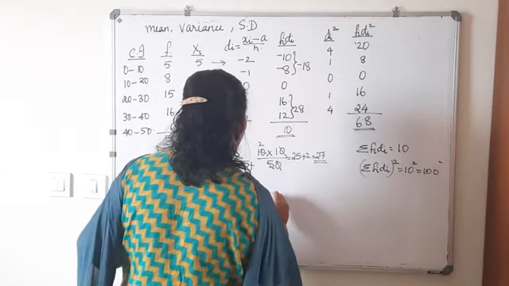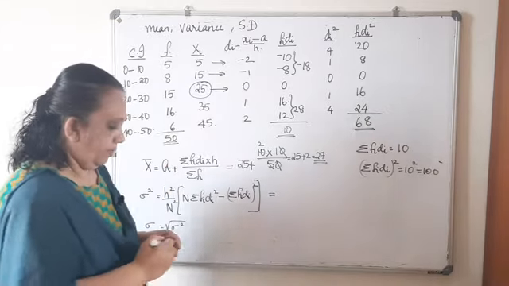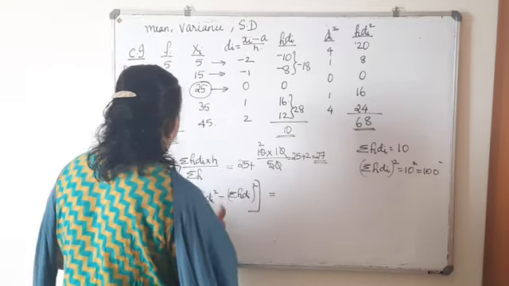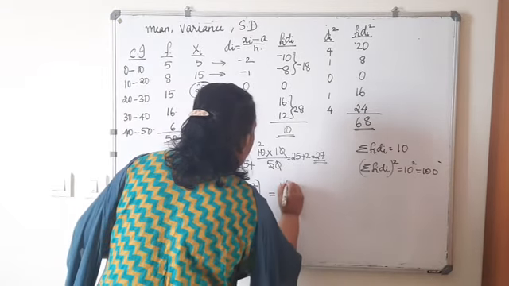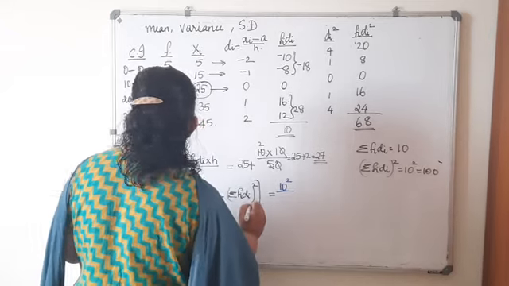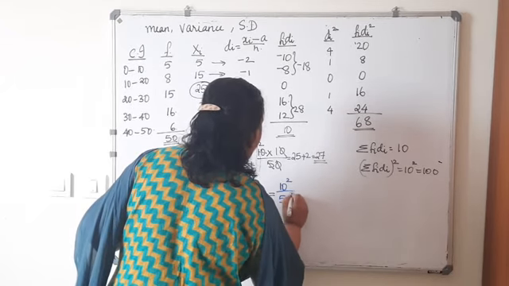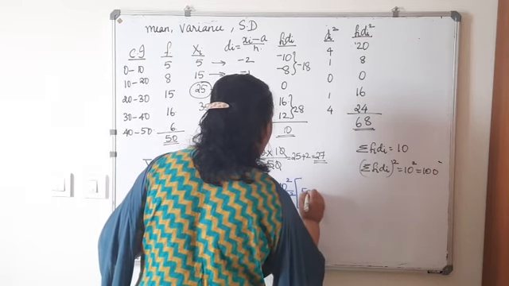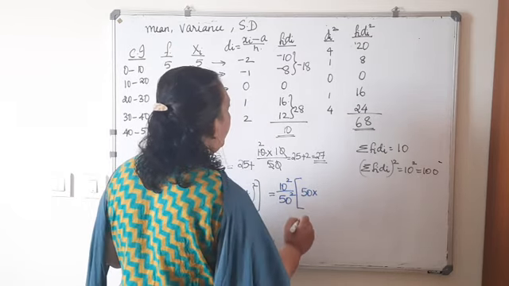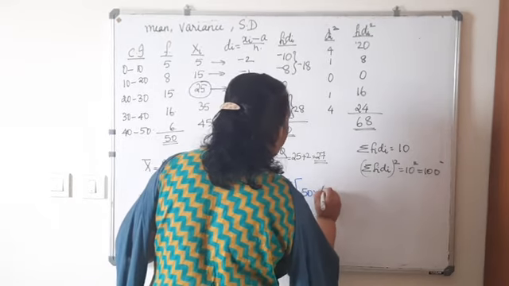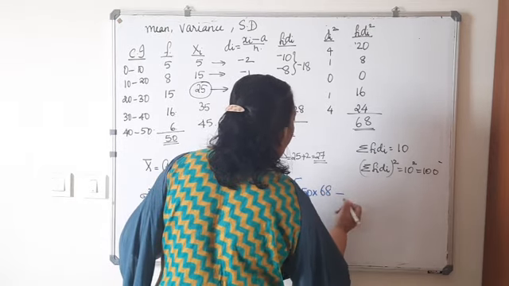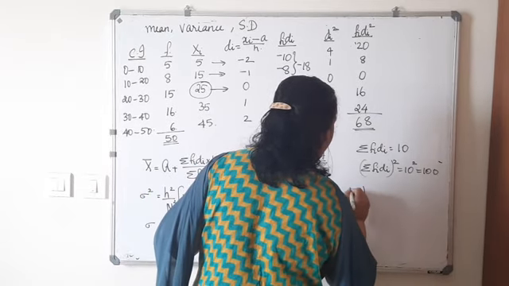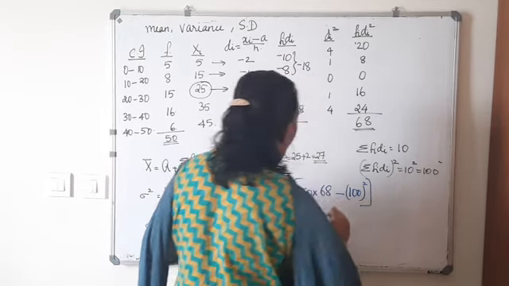So substitute here: h squared, 10 squared, by n squared, 50 squared, into n, 50, into sigma fi di squared, 68, minus sigma fi di the whole squared, 100.